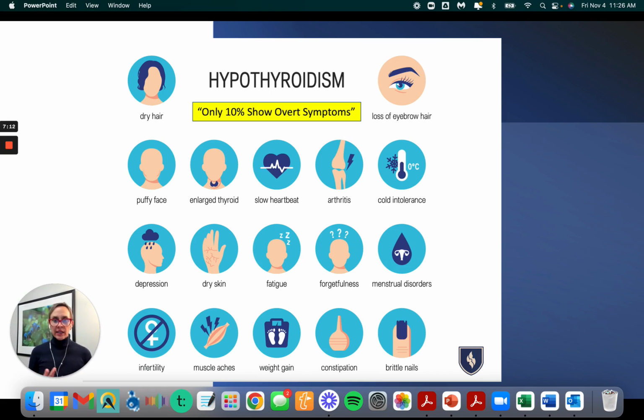And unfortunately, a lot of these symptoms can be subtle or vague, right? They could lead to many different things. So the importance of checking and testing for hypothyroidism in an adequate way is really important to support people living with many of these symptoms.